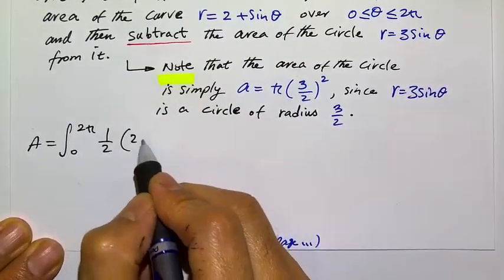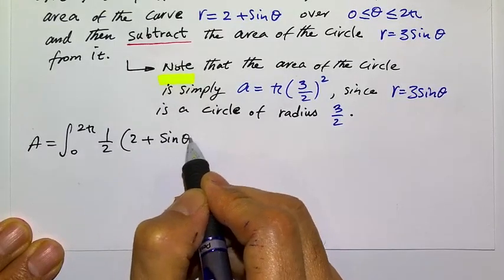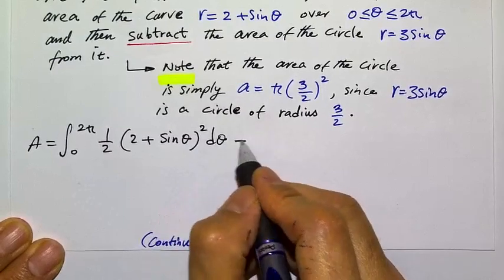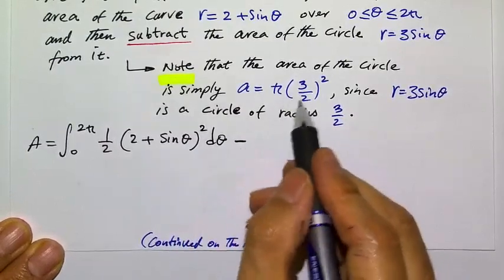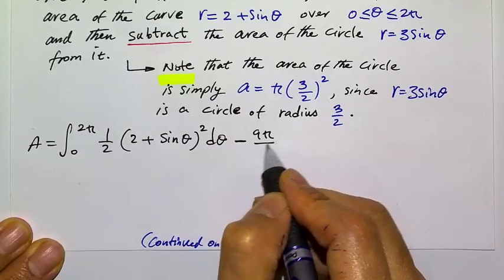One half integral of that curve only, (2 plus sine theta) squared d theta, minus the area of the circle, that one, which is 9 pi over 4.